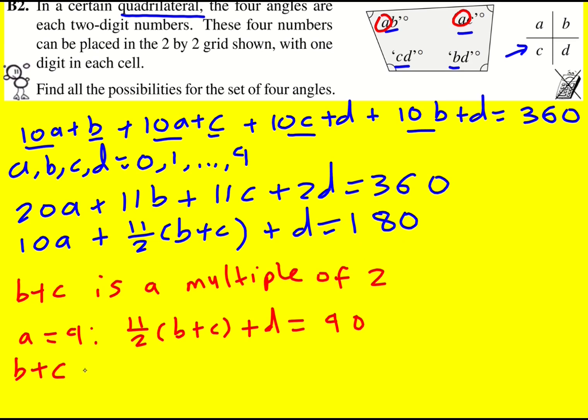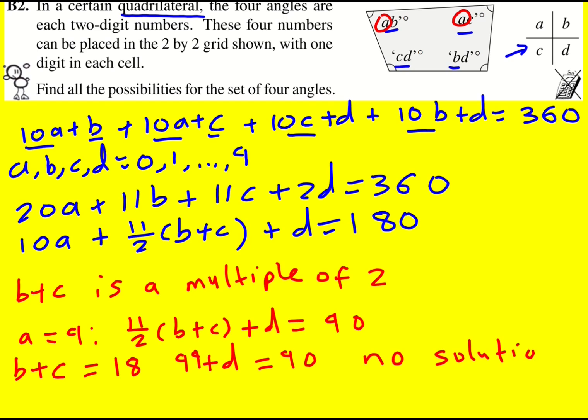If they're both 9, B plus C is going to be 18. Then I'd get 99 plus D equals 90. And there's going to be no solution to this because D can't actually equal minus 9.